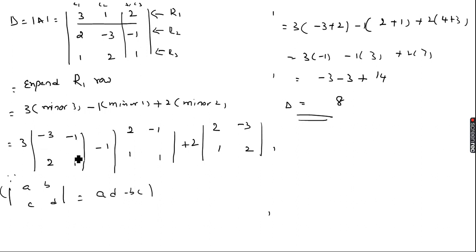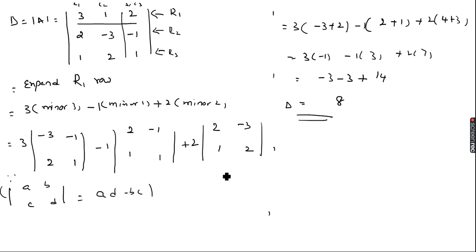The minor is nothing but deleting the corresponding row and column, and finally the 3 by 3 is converted into a 2 by 2, the ABCD form. The determinant of ABCD is AD minus BC. Applying the formula, we finally get delta equal to 8.